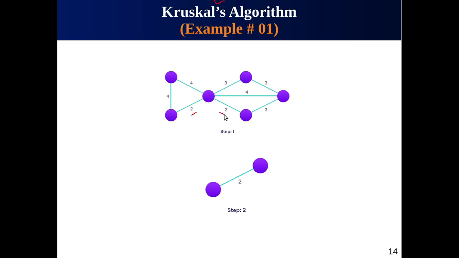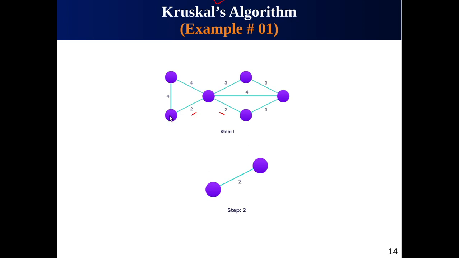But wait a minute. We have two edges with the same weight. Now what to do? Which one to select? Okay, that is understood, that we have to select an edge with the least weight. But if there is more than one edge with the same weight, then what to do? Which one to choose? The choice is yours. You can choose any one of them.